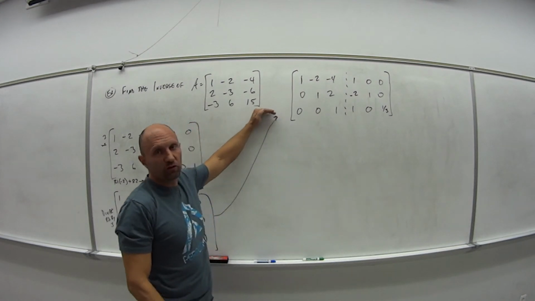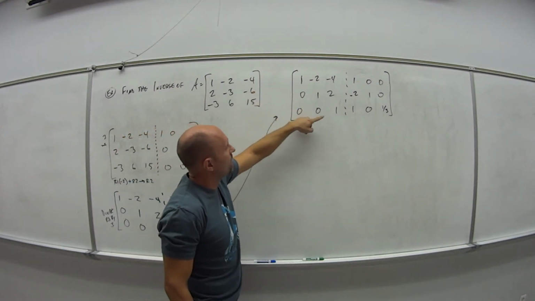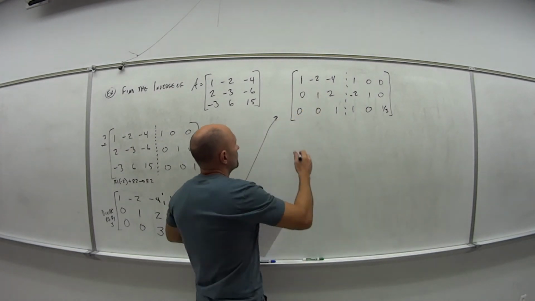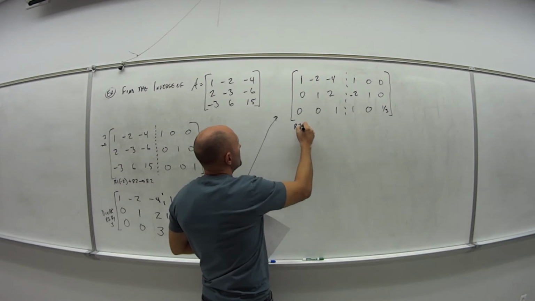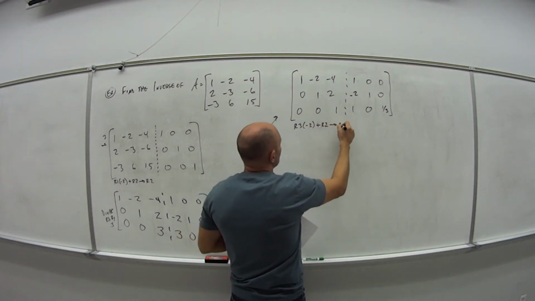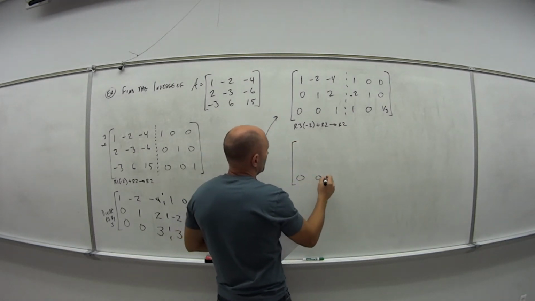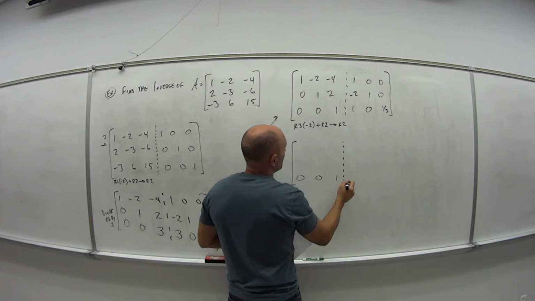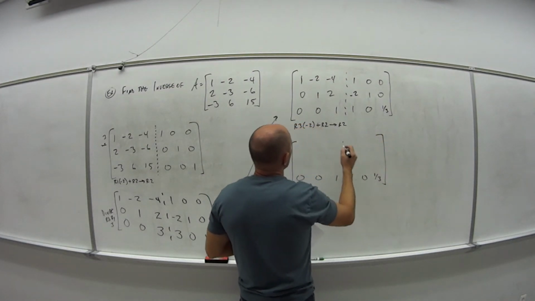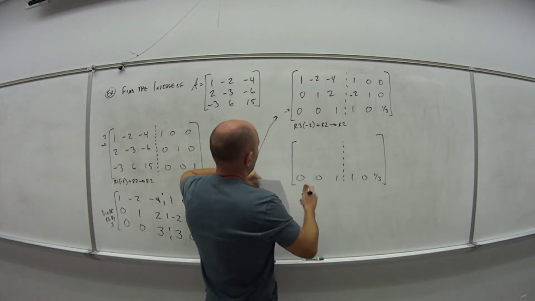So now, just as before with reduced row echelon form, I want to work from row 3 and work my way up. So I want to get a 0 here where this 2 is. So I'm going to do what? I'm going to do row 3 times -2 plus row 2 gives me a new row 2. So 0, 0, 1, 1, 0, 1/3. So if I multiply this row by -2, 0 plus 0, 0.